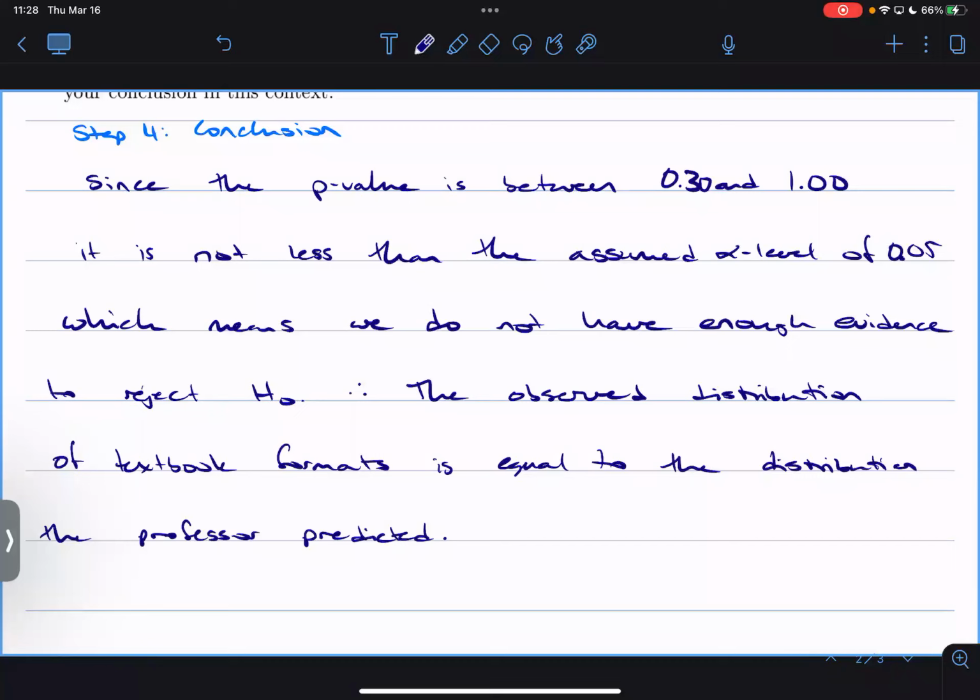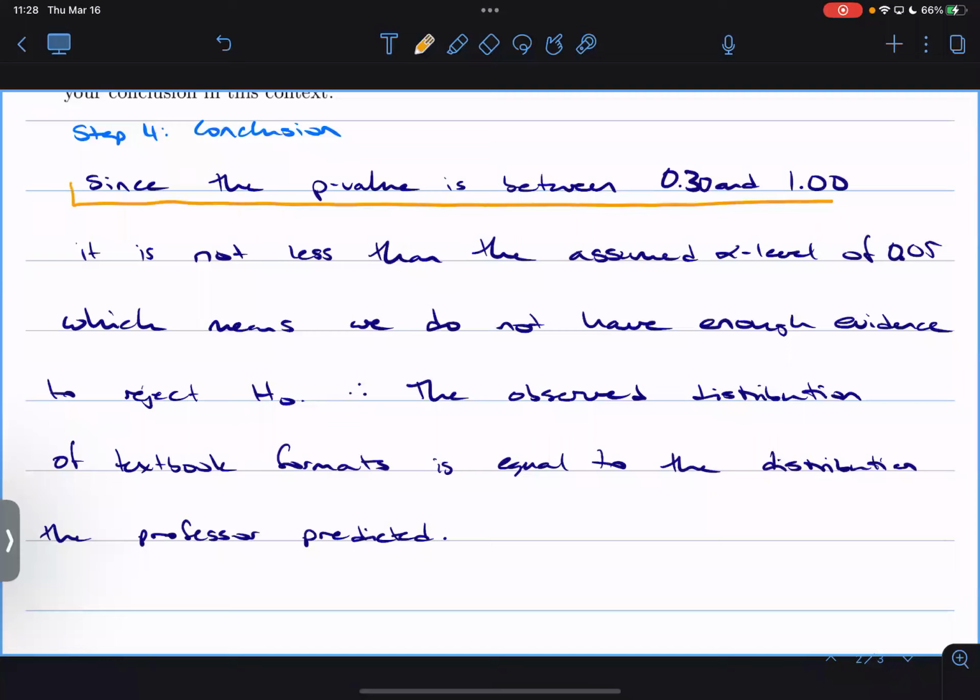Usually there are some freebie marks in there that are unaccounted for, but that's just how I set it up. So 3 marks for your conclusion out of 7 is a good chunk, and each one of these parts is going to be 1 mark.